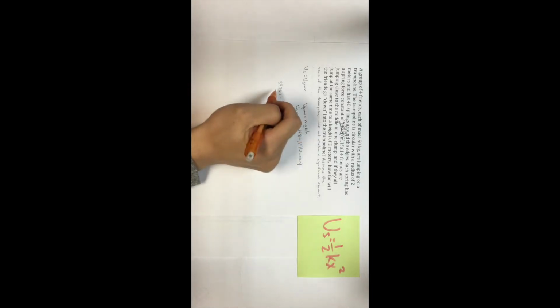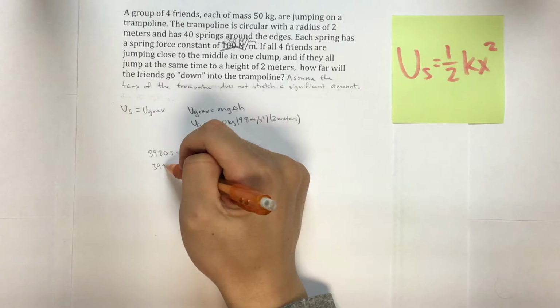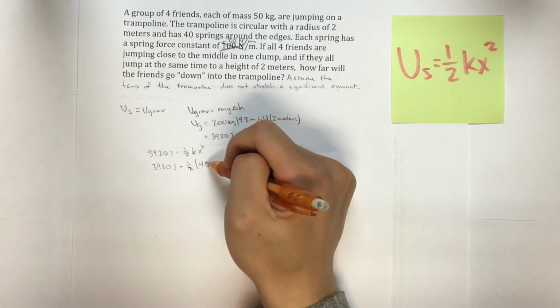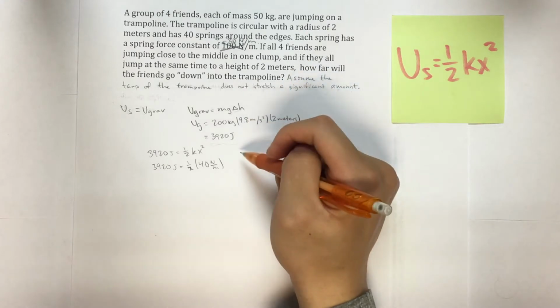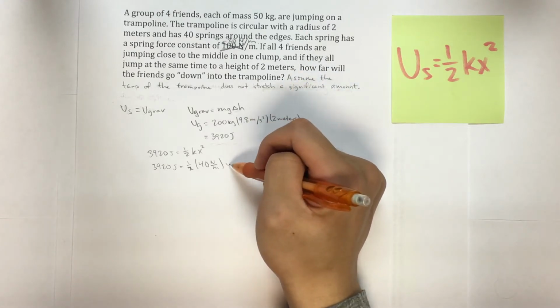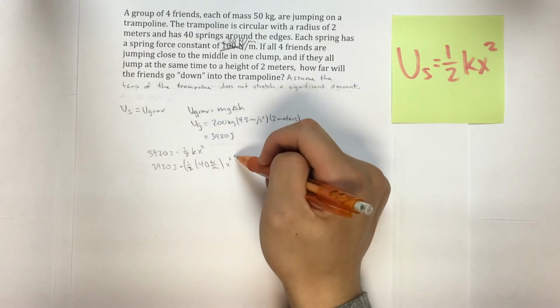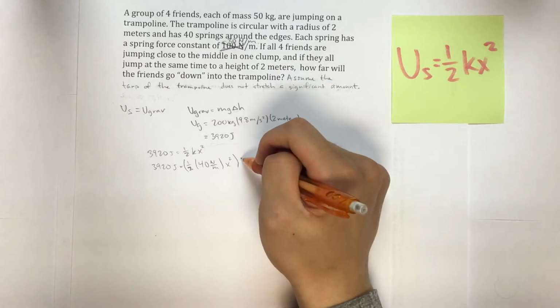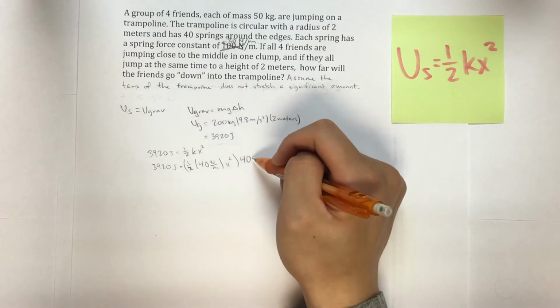Now that we have the potential energy of the system, we can go ahead and try to find x. Keep in mind that because there are 40 springs surrounding the trampoline, you must also multiply the right side of the equation by 40.